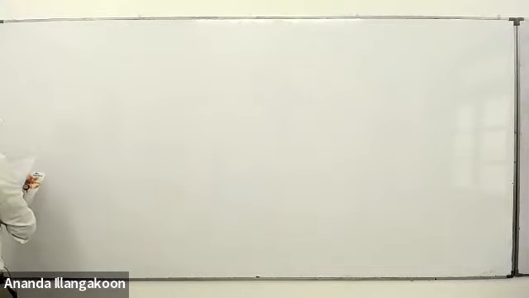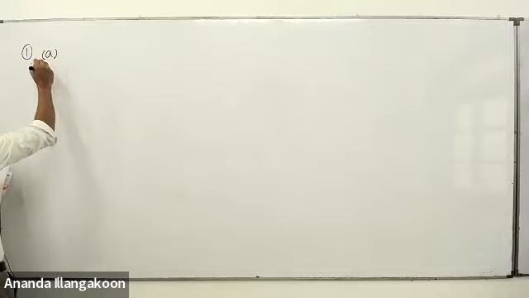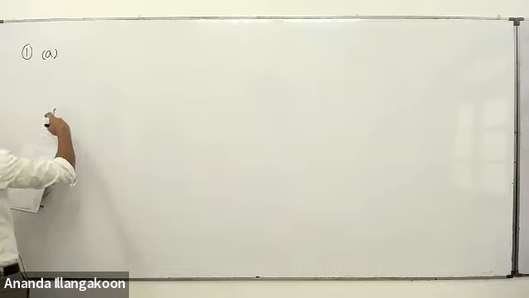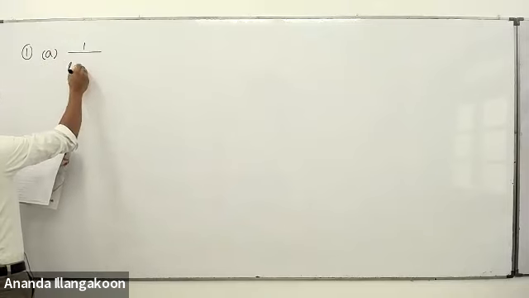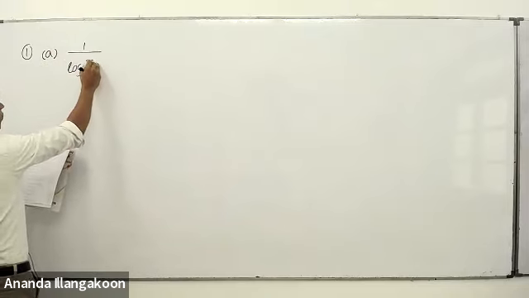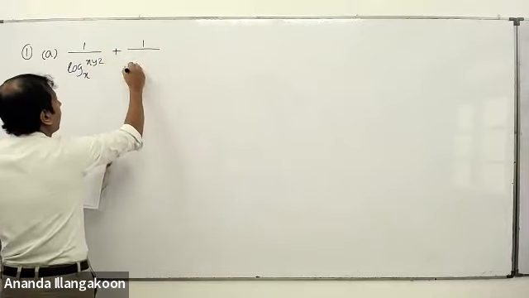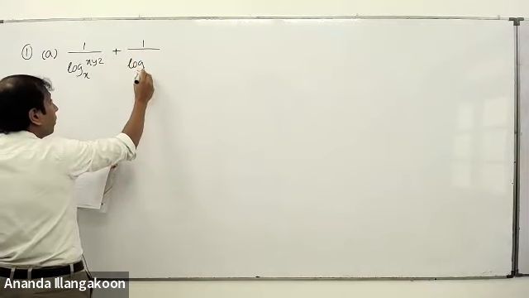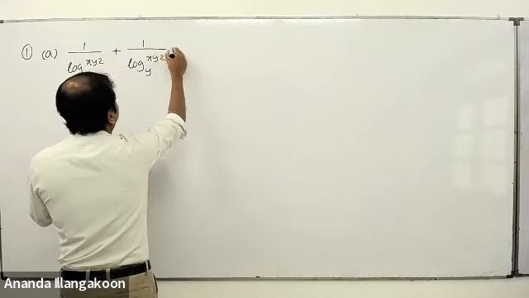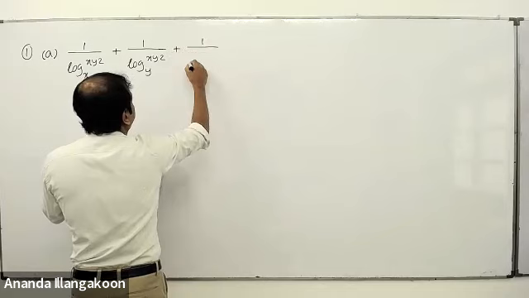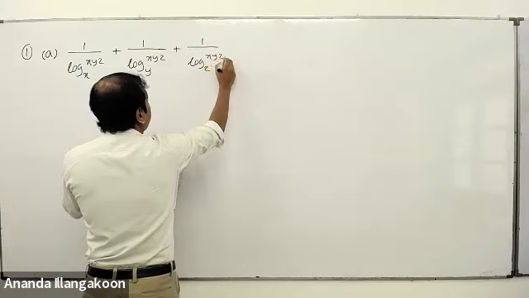In question 1 part A, we are given a proof: 1 upon logarithm base x of xyz, plus 1 upon logarithm base y of xyz, plus 1 upon logarithm base z of xyz.